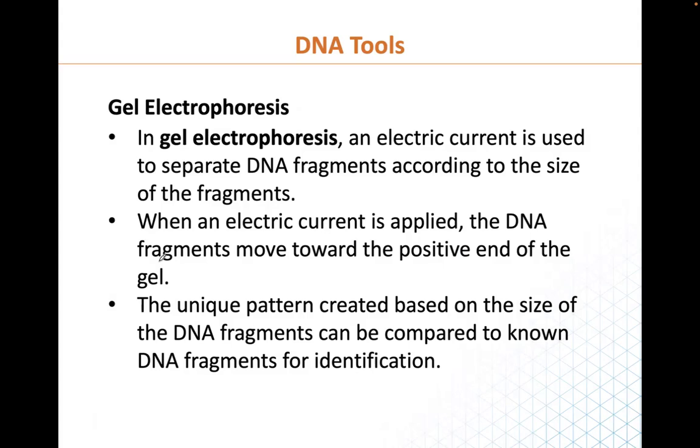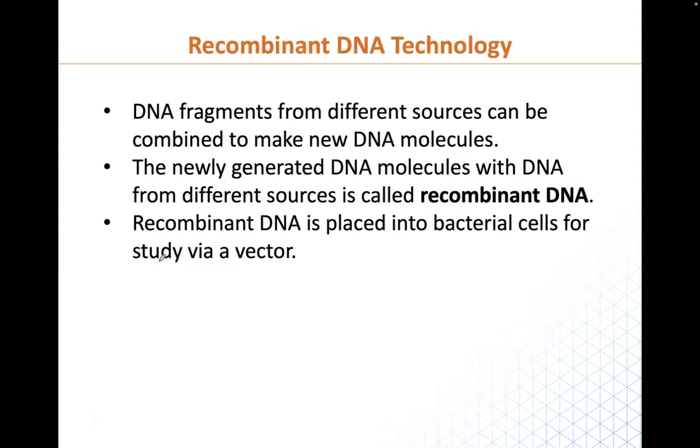The unique pattern which is created is based on the size of the DNA fragments, and is compared to known DNA fragments for identification. So this is the way in which gel electrophoresis works. It's one of the most important technologies used in the science lab today.